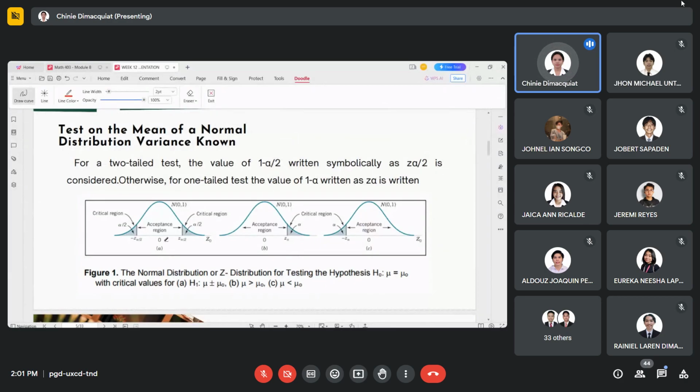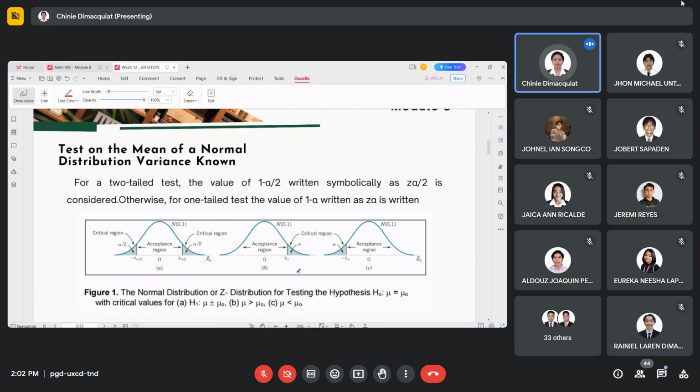So, kapag two-tailed, magkabilang dulo, so alpha over 2, yan, alpha over 2, and ito yung ating critical region or rejection region, sorry. Yung may shaded part, yun yung ating rejection region, then yung nasa gitna, yun yung ating acceptance region. Para naman kay one-tailed test, so pwede kasi right-tailed or left-tailed. Kay right-tailed, so ito yung ating acceptance, and nasa kanan yung ating rejection region.